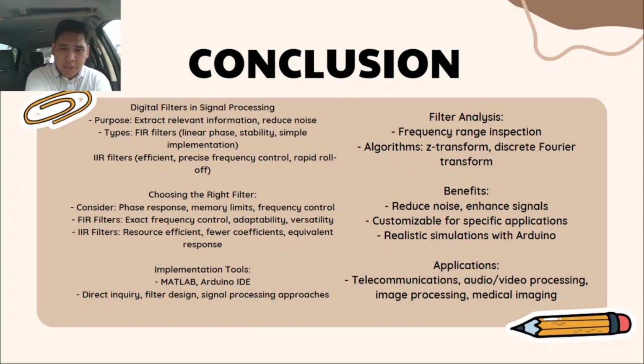So direct inquiry, filter design and signal processing approaches are used in this project. For filter analysis, we learned about frequency range inspection, and for algorithms that transform, the discrete Fourier transform is used. The benefits are to reduce noise and enhance signal, customizable for specific applications, and realistic simulation with Arduino.